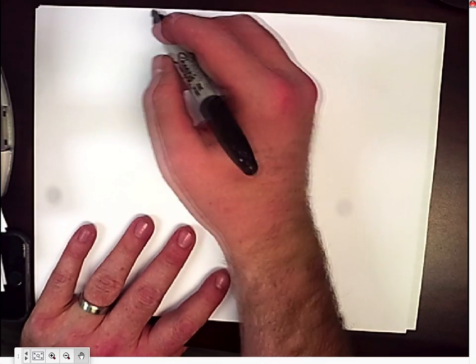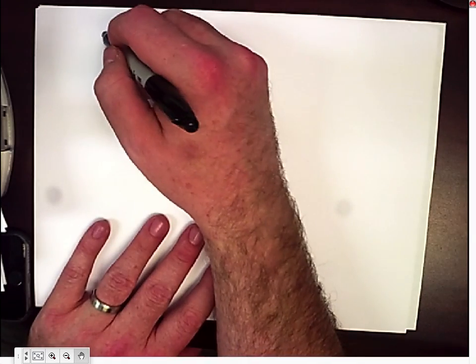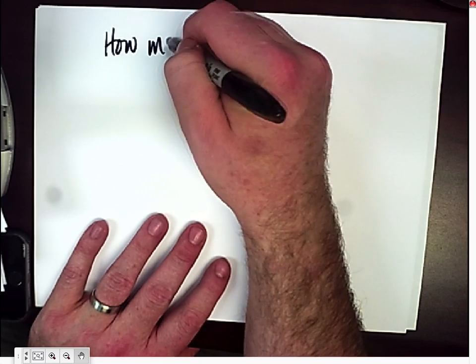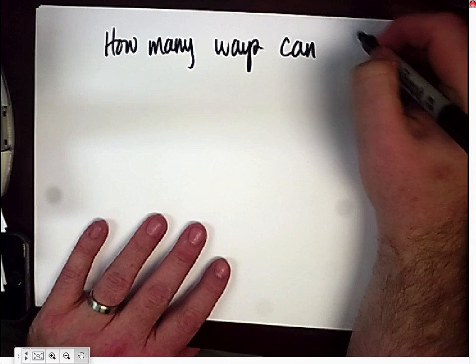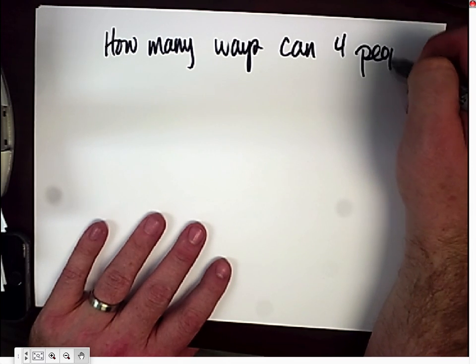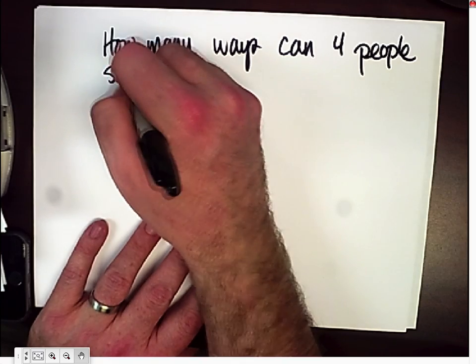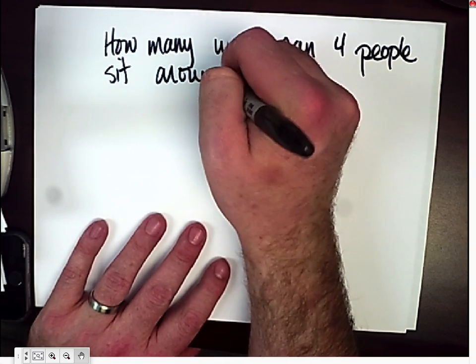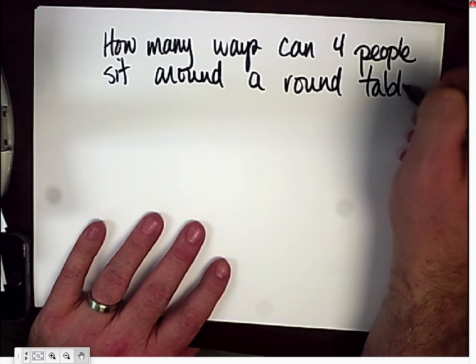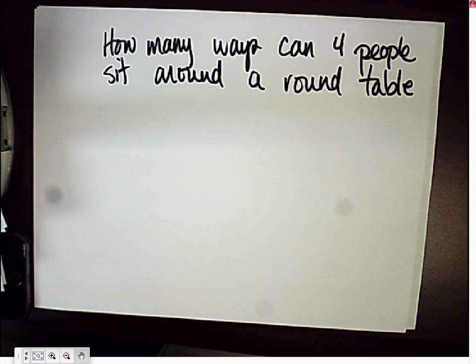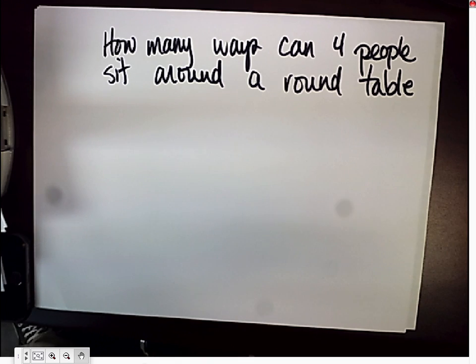Let's say I want to know how many ways can 4 people sit around a round table. Okay? So this one, I want us to figure this one out. Okay? So what I'm going to do is pause.